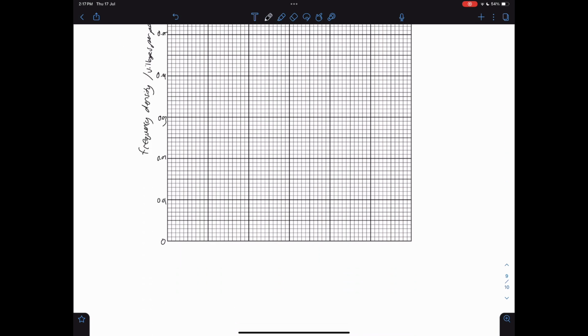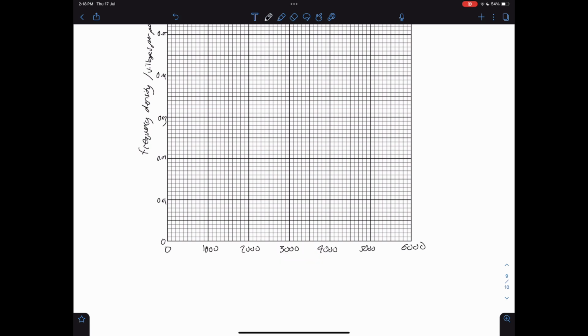So what we're potentially going to be looking at is a scale that's going to look a bit like 1,000 here, 2,000 here, 3,000, 4,000, 5,000 and 6,000. That's probably the best we can do.